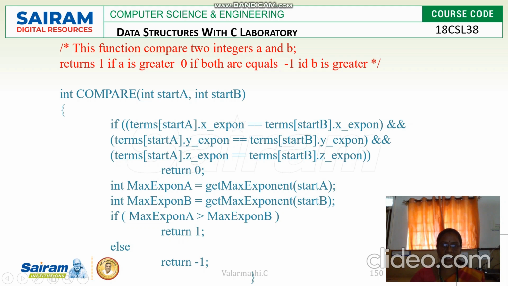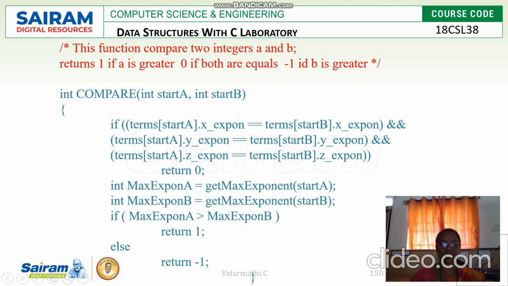Terms of start a x exponent and terms of start b x exponent are equal, and start a y exponent is equal to b y exponent, and z exponent is equal to z exponent. If all 3 conditions are true, then return 0.